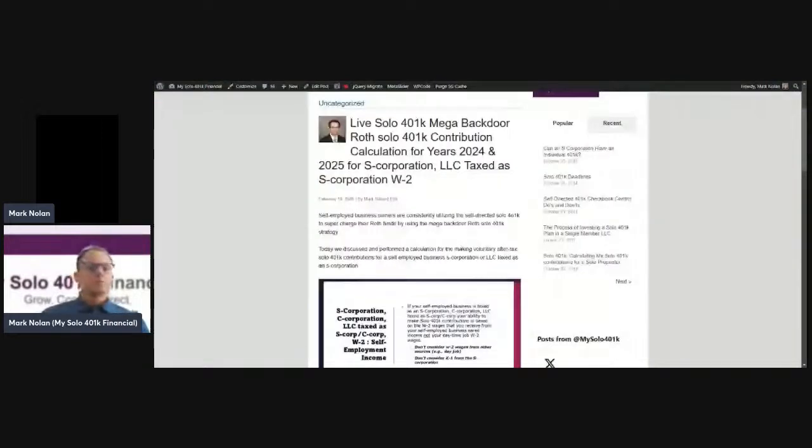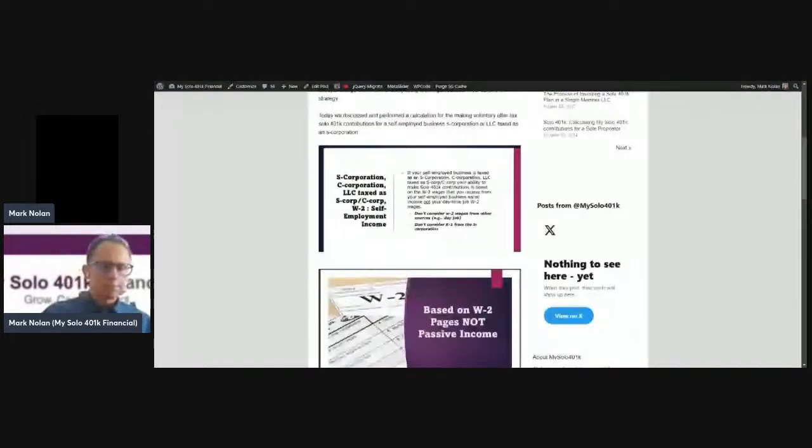So before we do some live calculations here, let's understand first that contributions have to be based on your W-2 wages from your self-employed business, if your self-employed business is an S corporation, C corporation, or an LLC taxed as an S corporation, for example.